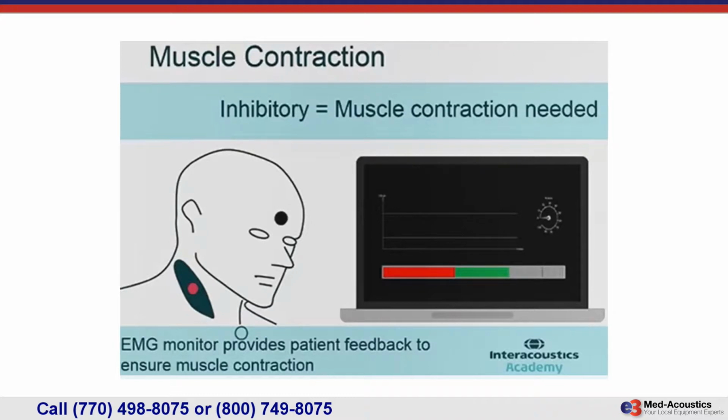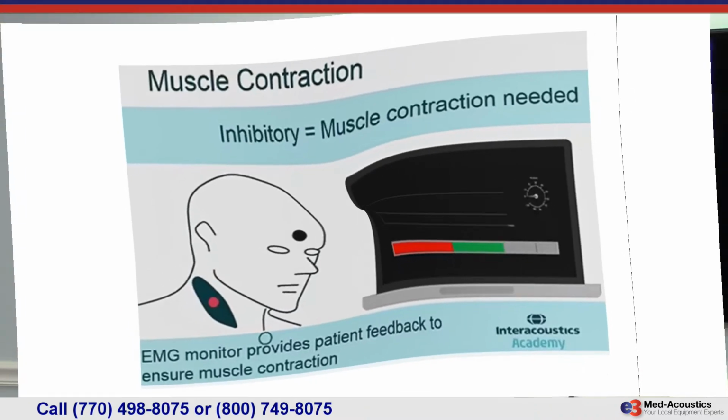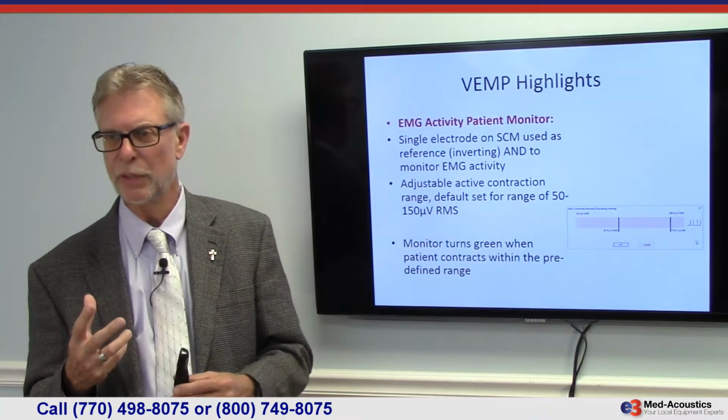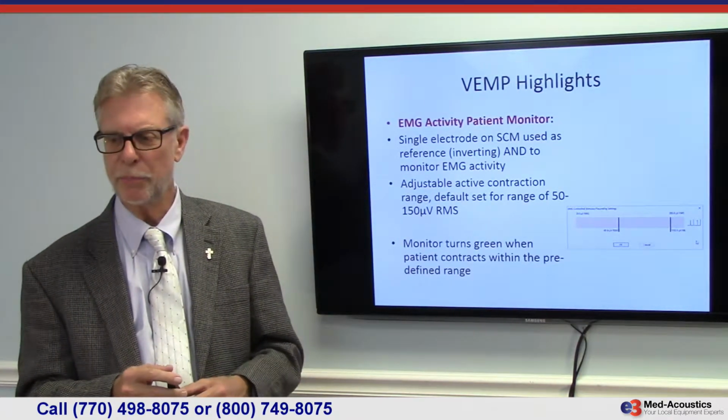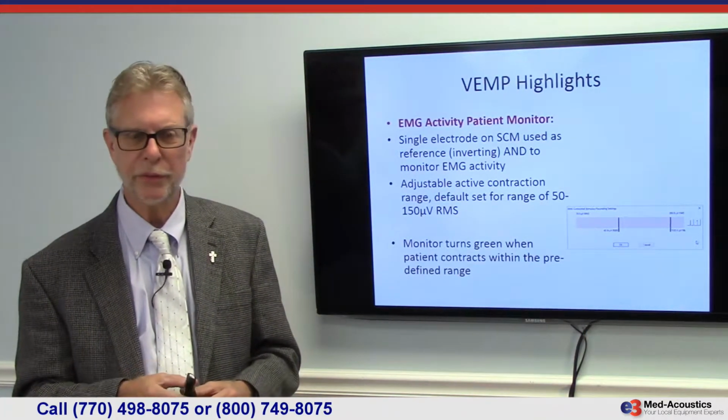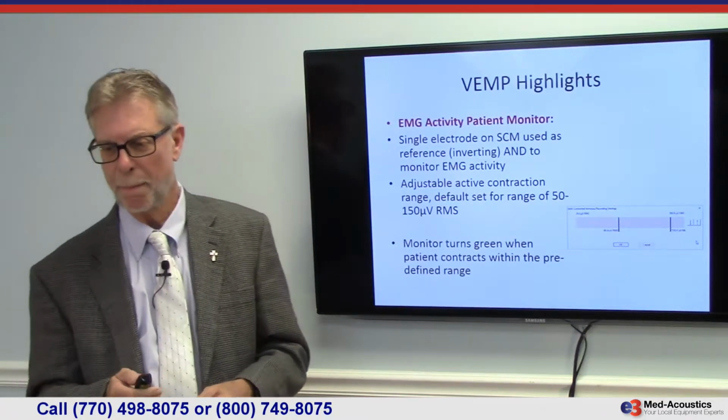And you can urge the patient to produce that. And we could put a secondary or an external monitor in a location where the patient can see it, and they would be told to contract that muscle and use more and more force until it comes in the green, and then to do the same thing on the other side.